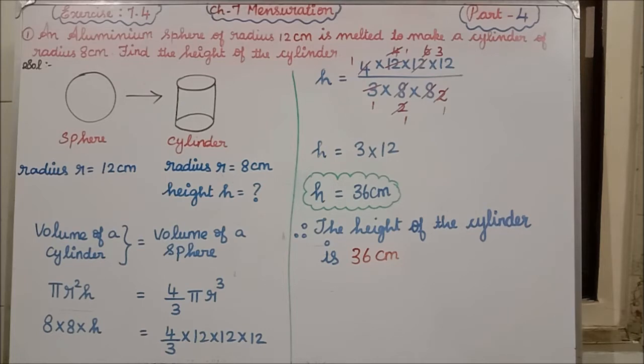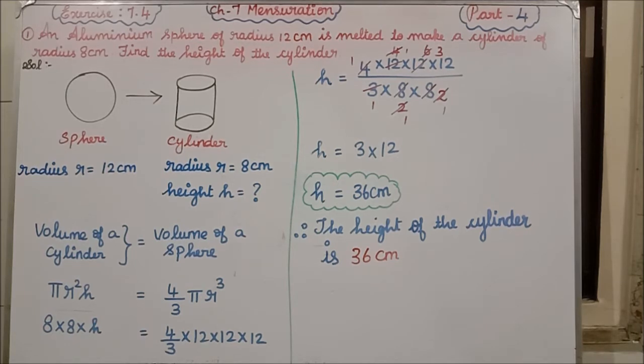Volume means what I told? Volume means the amount of space occupied by an object. The volume is measured in what units I told you? It is measured in cubic units. Clear, students? Previously in part 3 session, we have learnt about volume and surface area of a combined solid.